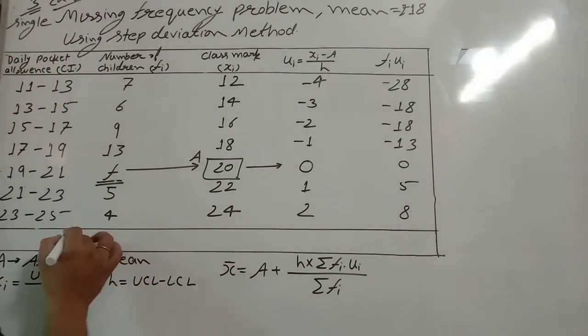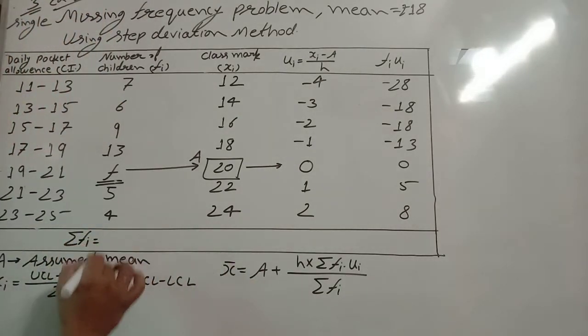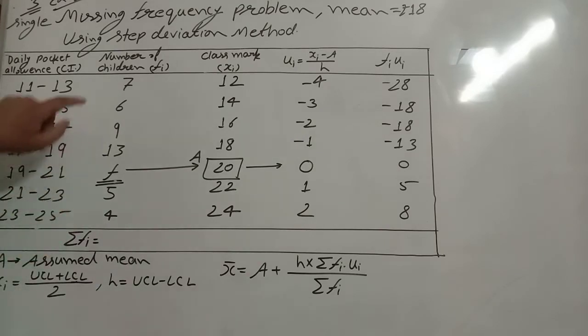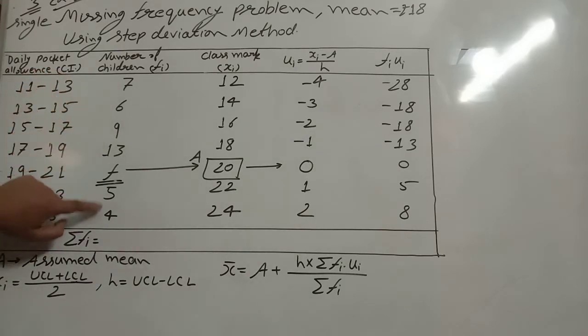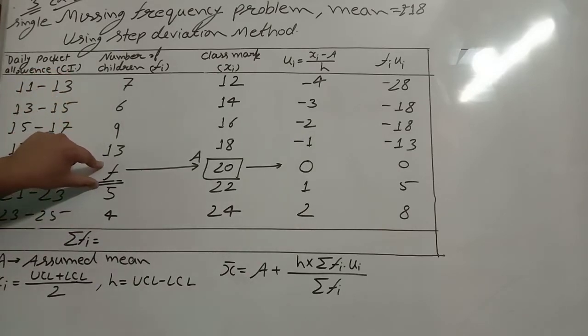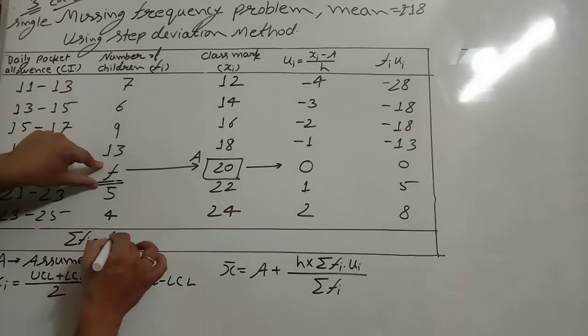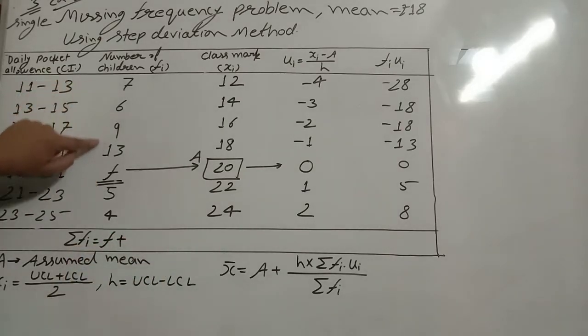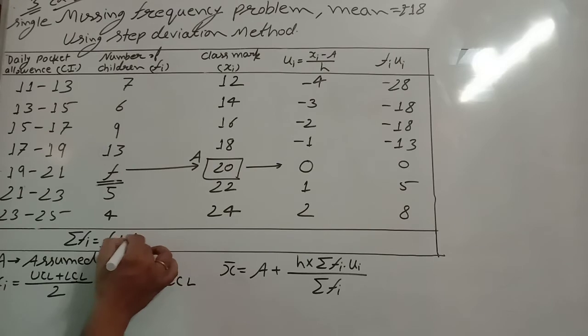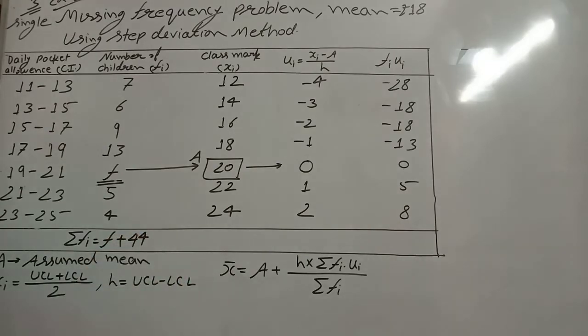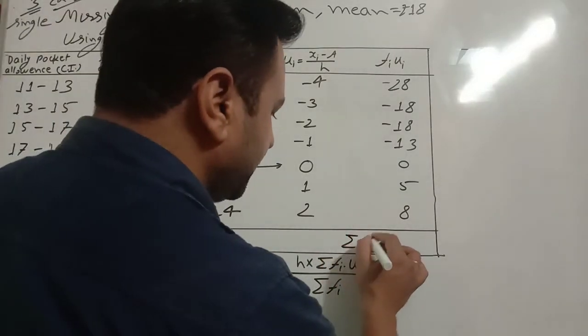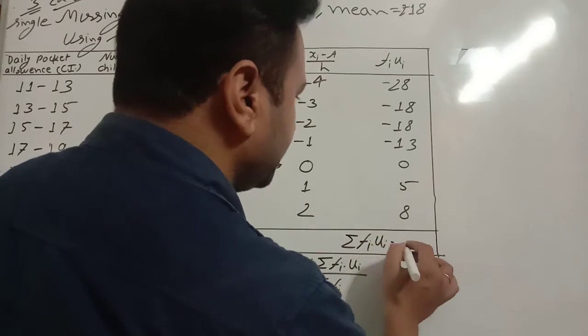Now we find out sigma fi. Sum of these numbers, because this is an unknown number, so sigma fi is f plus the sum of the remaining numbers, which is 44. So f plus 44. Now we find out sigma fi into ui.